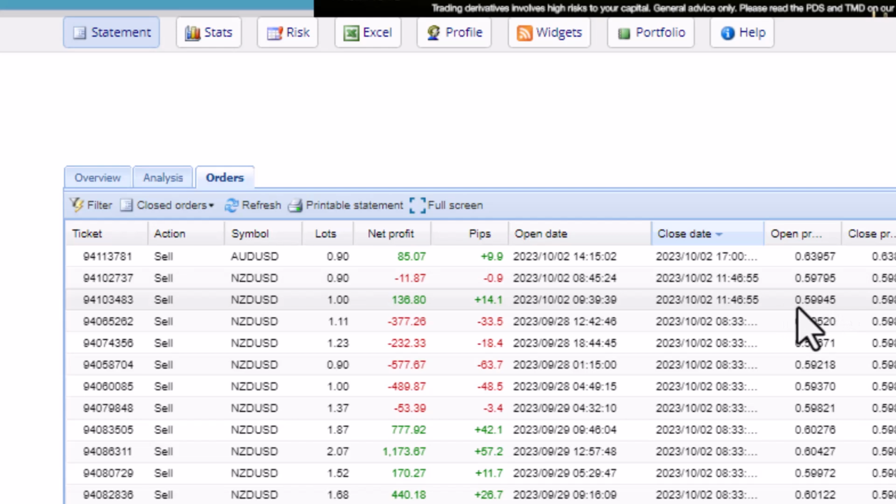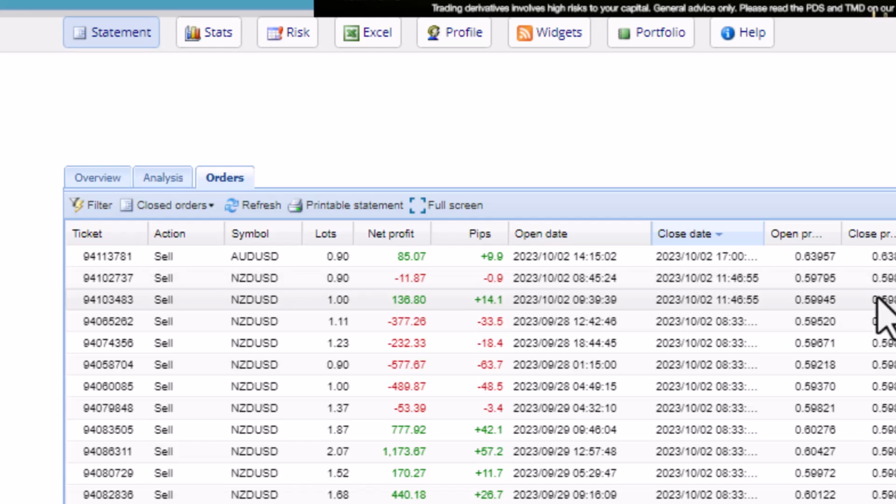The next price was 0.59945. So it is a bigger number than the opening price. So therefore, you know that the direction was up. So the price increased for those two transactions to happen. So that's one of the ways that you find the direction.